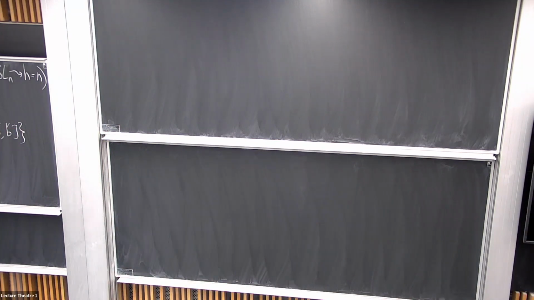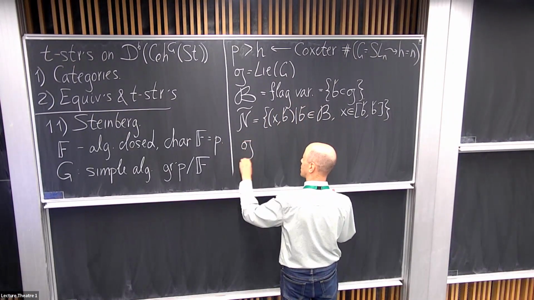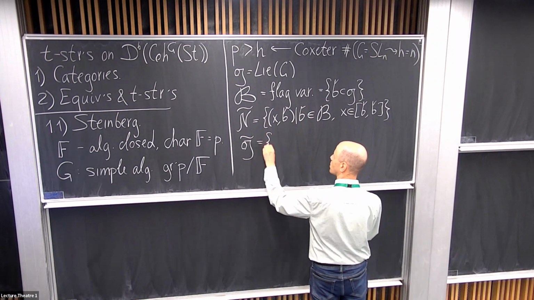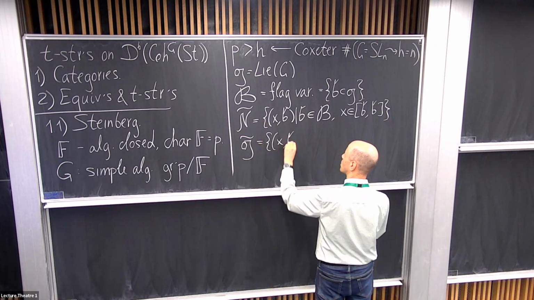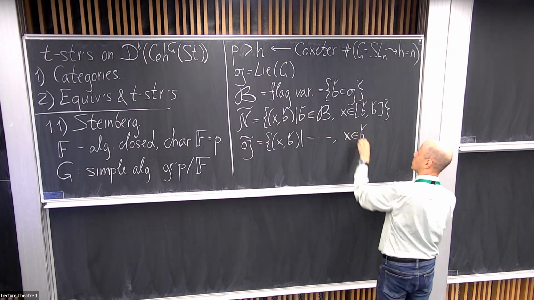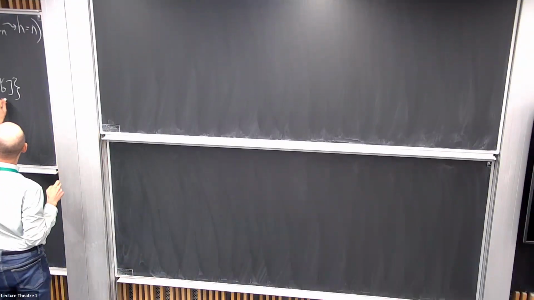Now I want a related variety called the Grothendieck resolution, denoted by g tilde. A similar definition, but now I want X to lie in the Borel, not just the derived subalgebra.